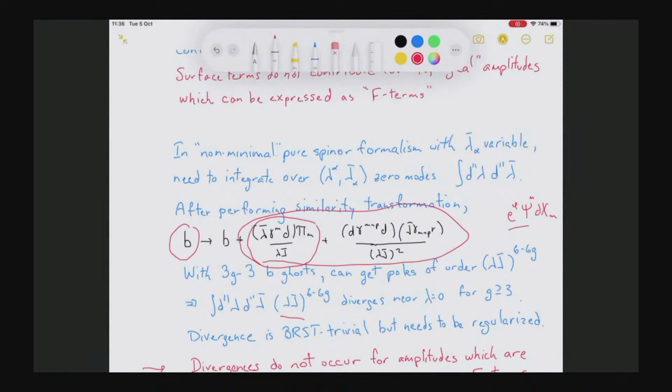So it does have a similar flavor: the b ghost in the pure spinor formalism and the picture raising operators in RNS. That's, of course, going to be necessary if we're going to relate the higher genus amplitudes. I don't know if that was your question about how picture raising comes in? Yeah, thanks.